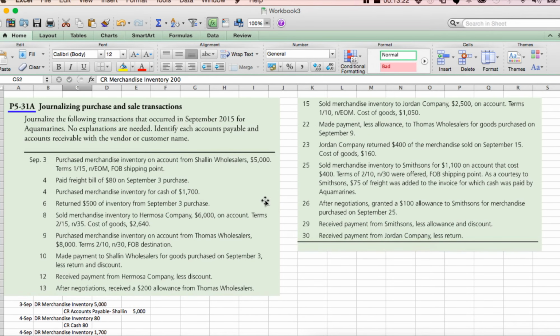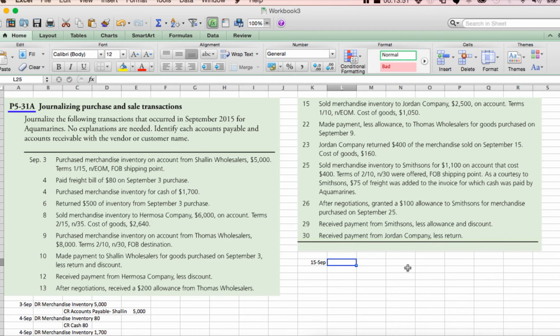Moving on to this next column here, we're just going to put those over here. We have the 15th of September. Sold merchandise inventory to Jordan Company, $2,500 on account. Terms 1/10, and that instead of net 30, that's net end of month. So those are the credit terms, and then the cost of goods sold, $1,050.